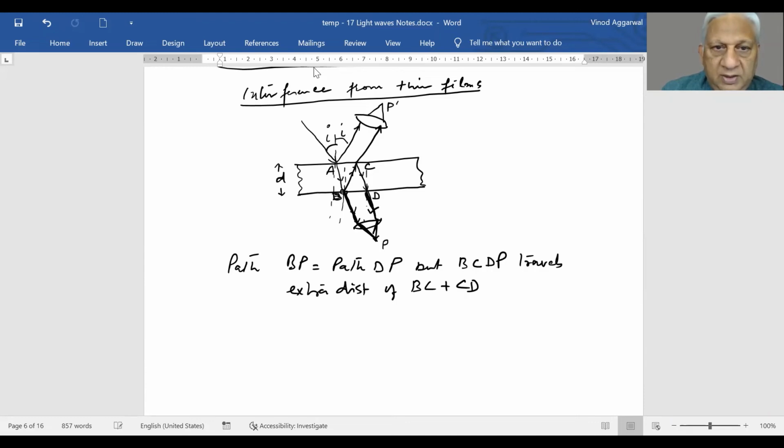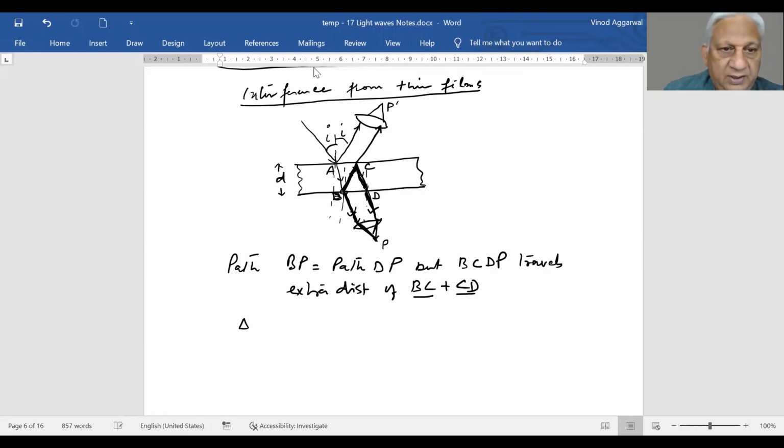This path is same as this path, but if the ray takes this route, then it has to travel this much extra, which is BC plus CD. BC is this much, CD is this much. All right.